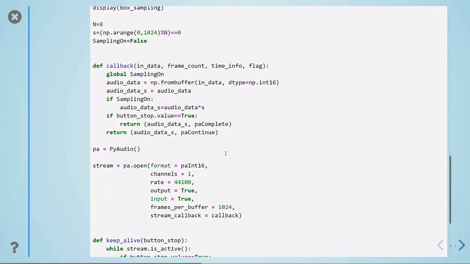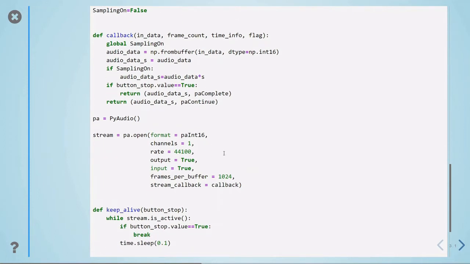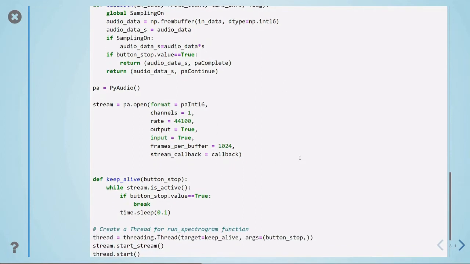We are using 1024 frames per buffer, and then we have the callback function. Every time we have enough samples, this callback will be called and executed. PyAudio recommends having a keep-alive function here.